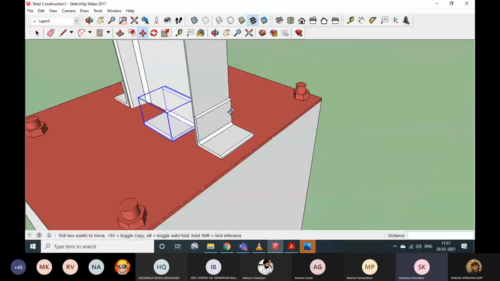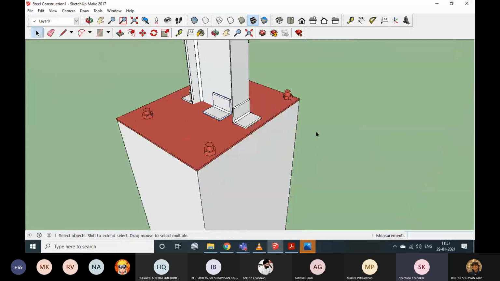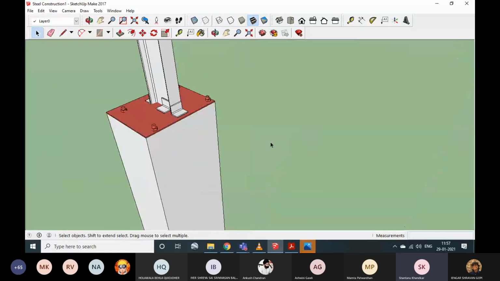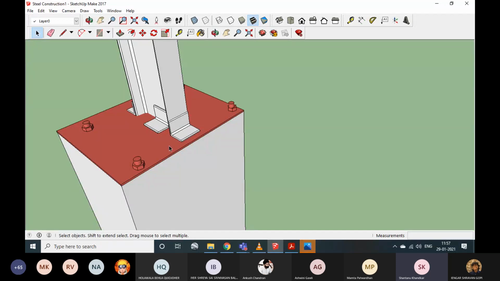Yeah, and similarly on the other side you'll have one as well. Okay, so basically that's how you would connect your steel column to a base plate.